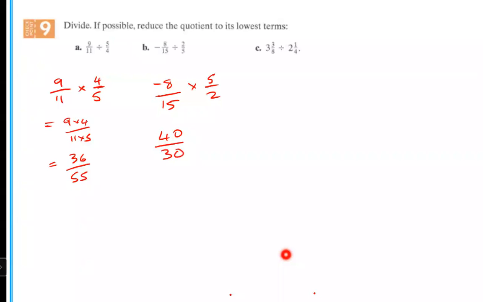And then I reduced it to negative 4 over 3. And then I guess it'd be negative 1 and 1 over 3. Thank you. That was Miss Nairn? Yes.